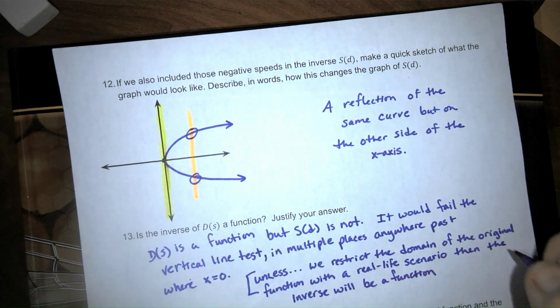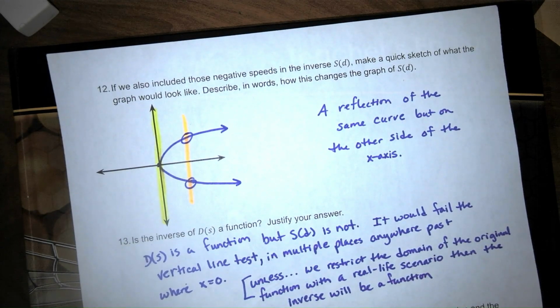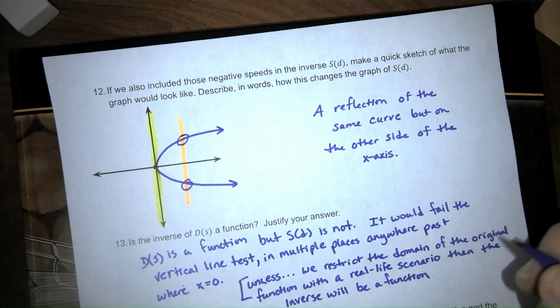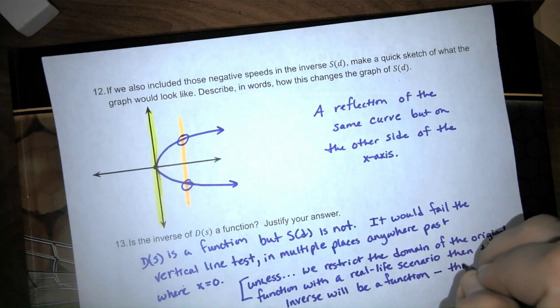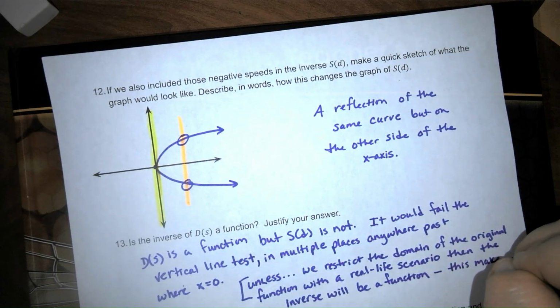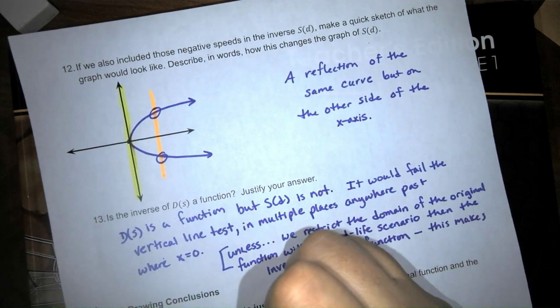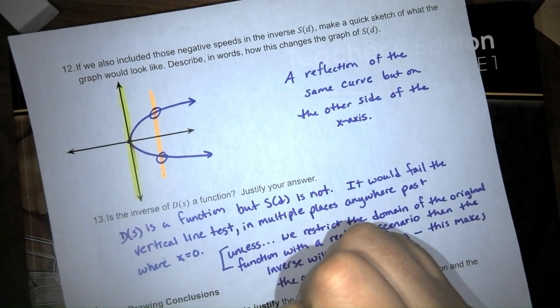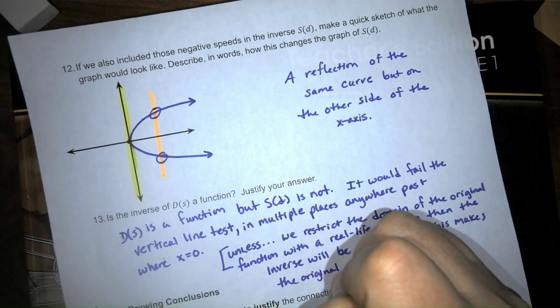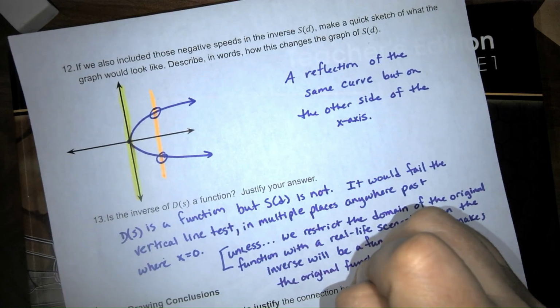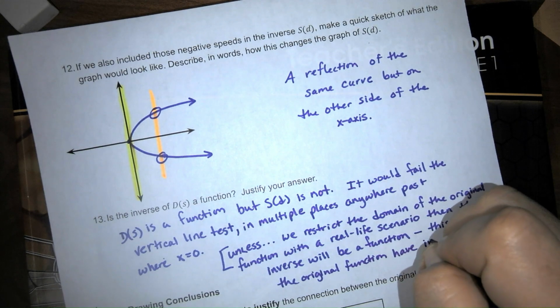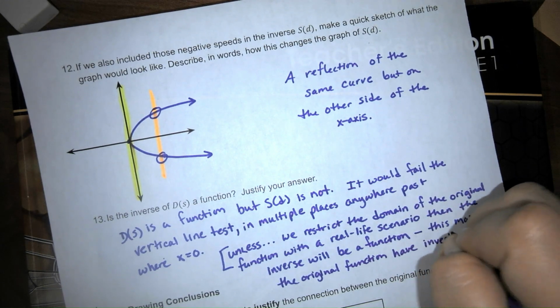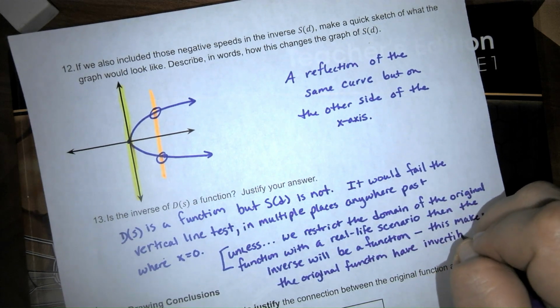And that makes the original function invertible, or have invertibility. I'm going to jot that down here. It's a new word for us. Invertibility.